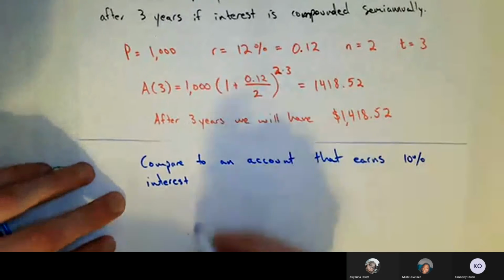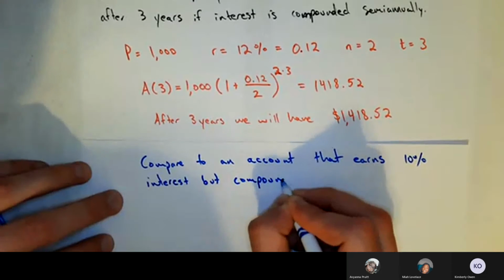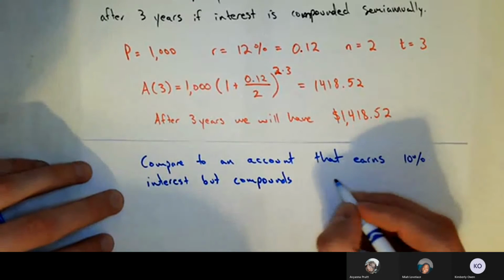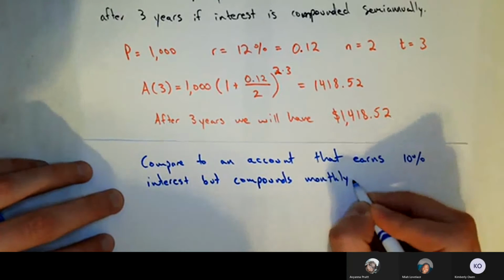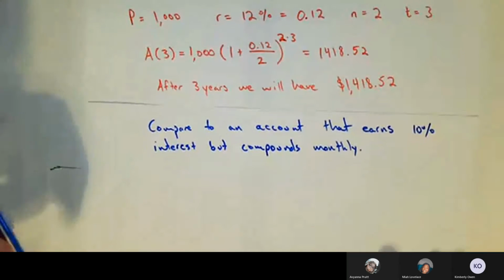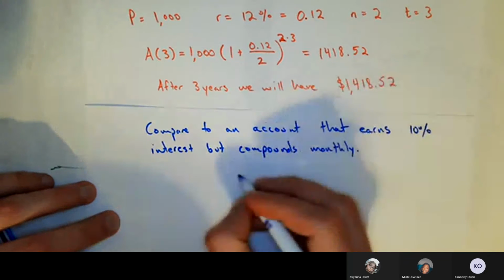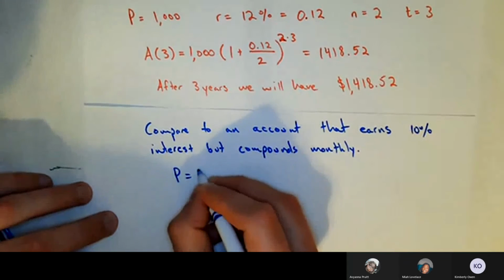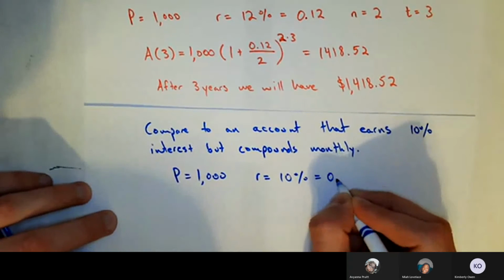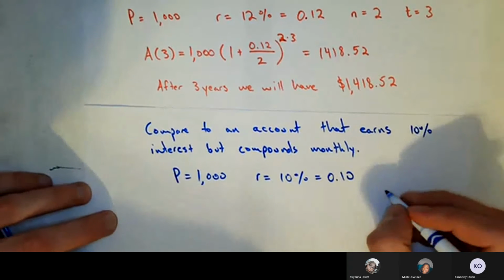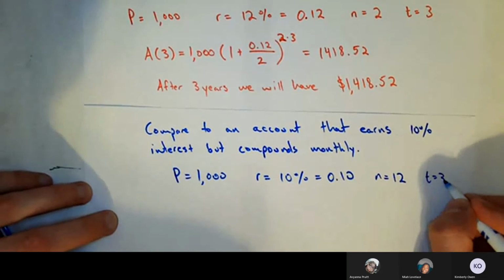So maybe you're thinking not as good, but compounds more often. Let's say monthly. Okay, so the principal and the time are the same, but R is now going to be 0.10. So P is still 1,000. R is 10%, which is 0.10, or just 0.1. N is 12 because it compounds monthly, and T is still 3.